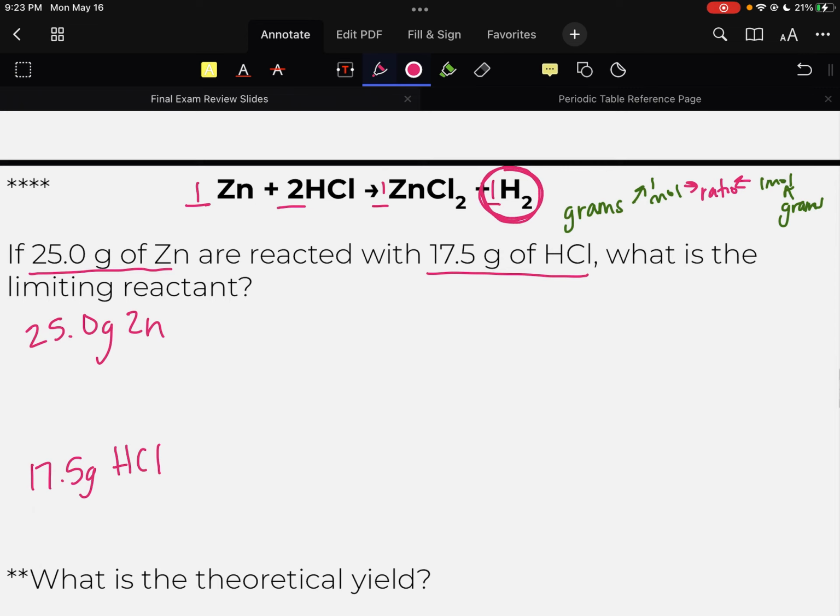And I can double check that as we're setting this up. But I can make my train tracks. And now we're here. So we're going from grams to moles.